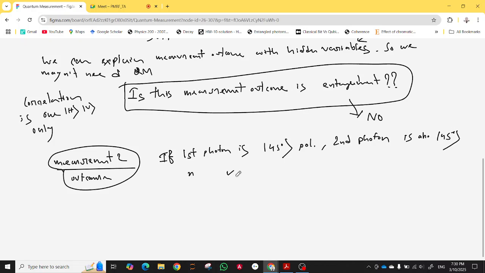And if the first photon is minus 45-degree polarized, the second photon is also minus 45-degree polarized. Now this is your measurement 2 outcomes.